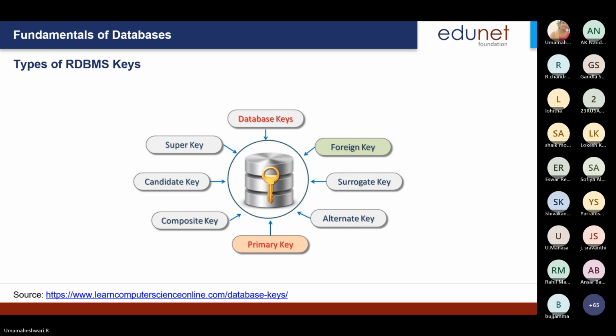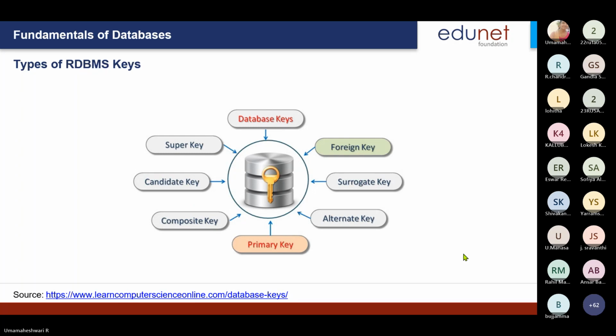And what is called a surrogate key? A surrogate key is an artificial key which aims to uniquely identify each record. When you don't have any natural primary key, then you can create this surrogate key.